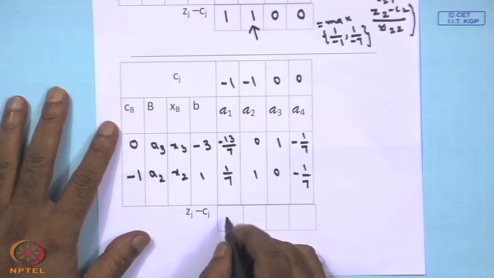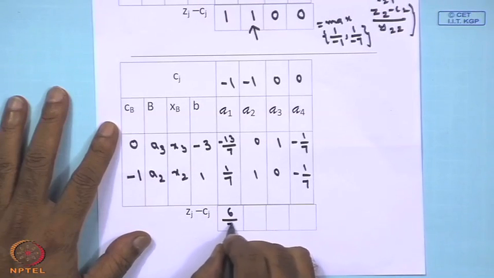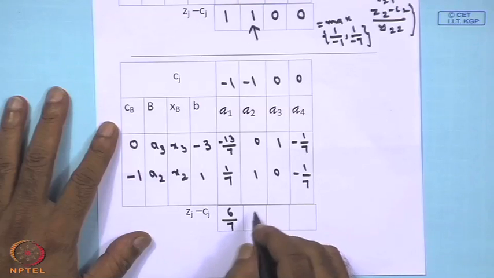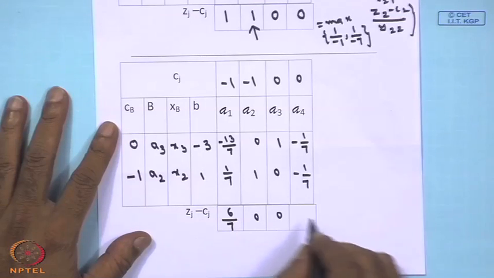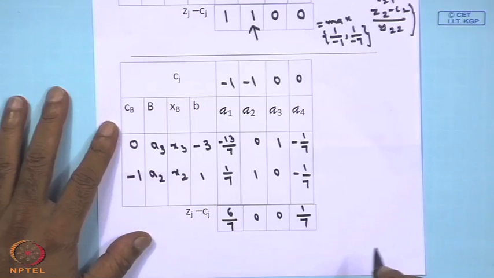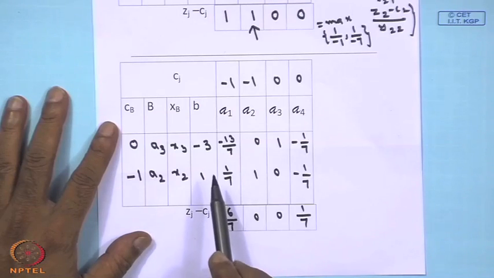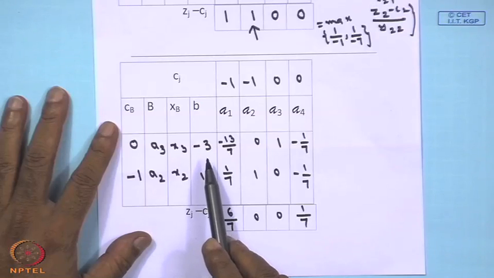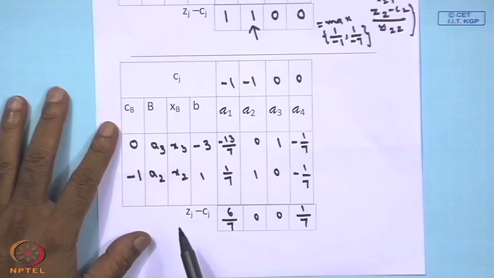Again the zj minus cj values will be 6 by 7, 0, 0, 1 by 7. So again zj minus cj are greater than or equal to 0, but the feasibility condition is not satisfied because one of the xb values is negative.